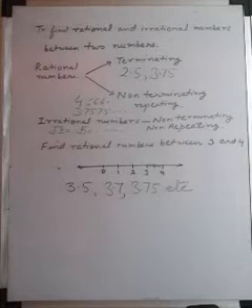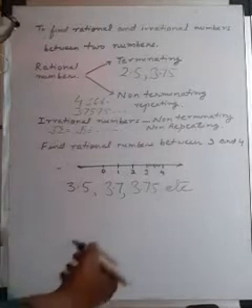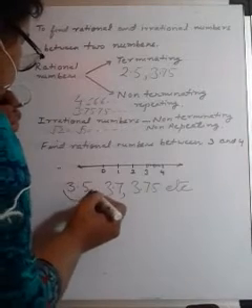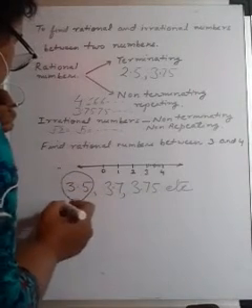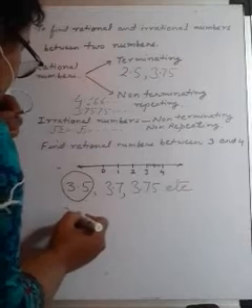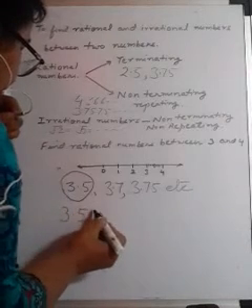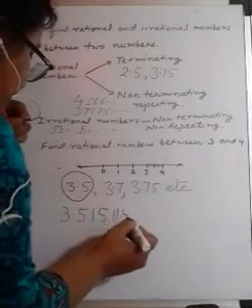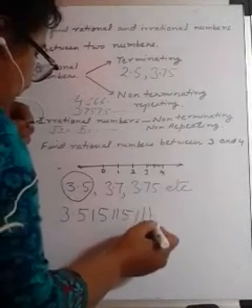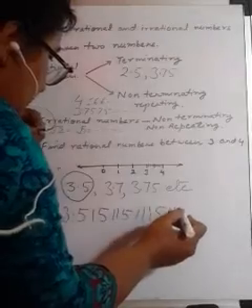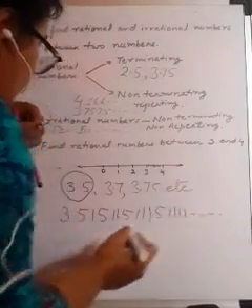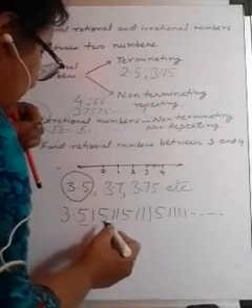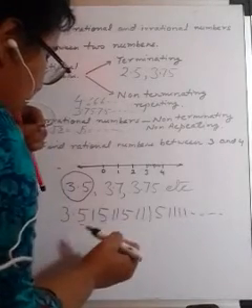Similarly, if you are asked to find irrational numbers between 3 and 4, then you can start an irrational number from 3.5. Let us start. So 3.5, 1, 5, 1, 1, 5, 1, 1, 1, 5, 1, 1, 1, 1. Now you may say that the digits are repeating, 5 and 1 are repeating, but you can see that the order is not repeating.